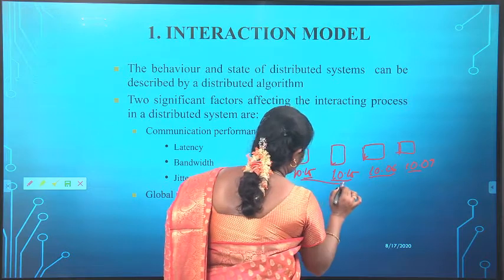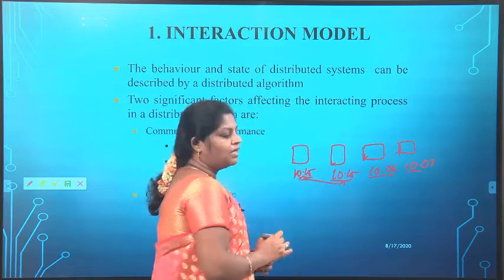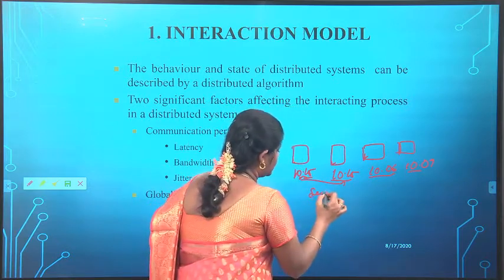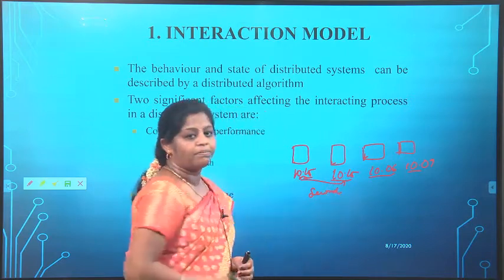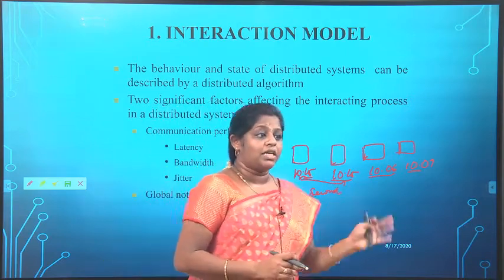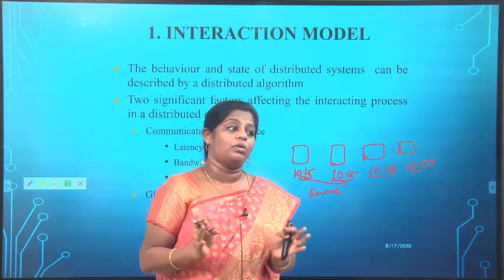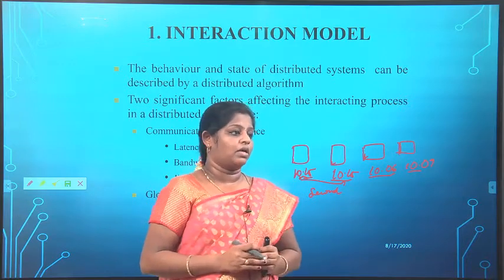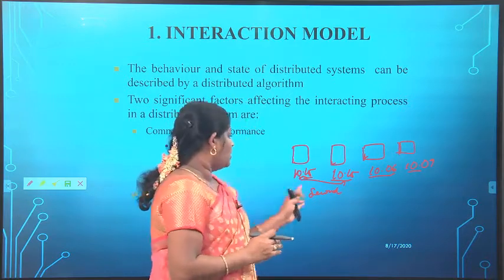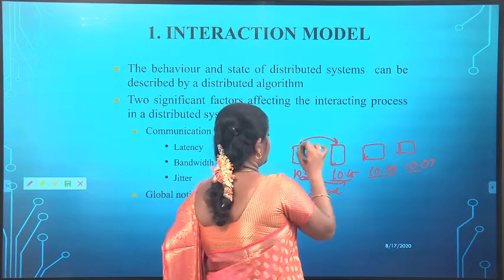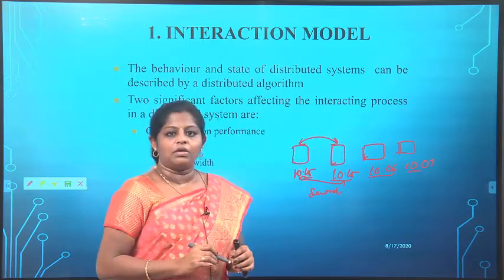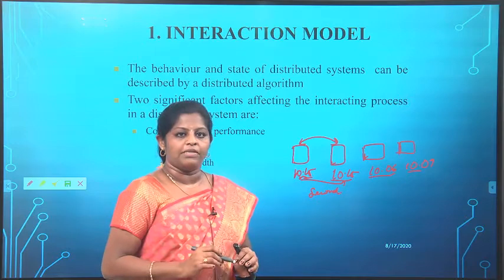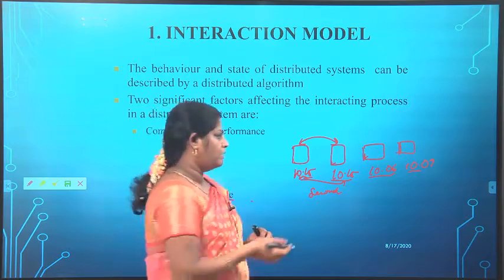Even if two systems have the same time, there will be some difference in the seconds. That is what it tells. Each computer in the distributed system has its own internal clock. Okay. And if these two want to communicate with each other, but both have different timings, how will they communicate? With the help of the timestamp.